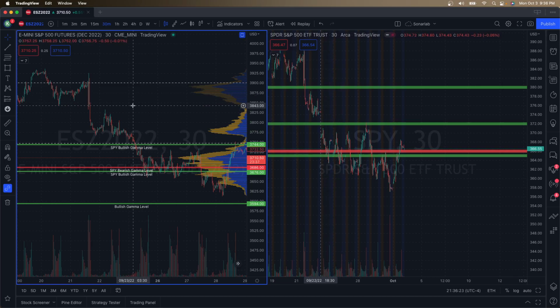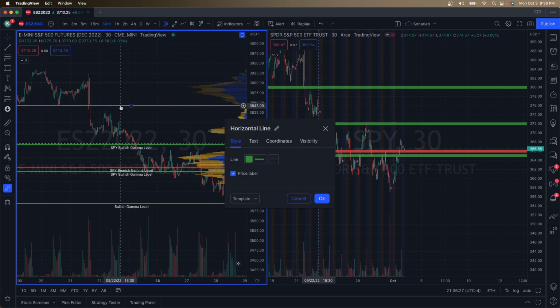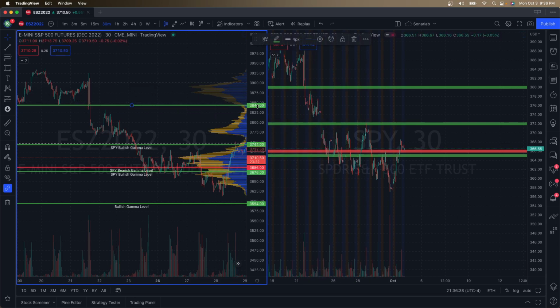And one trick that a lot of people don't realize is that, notice here when I put this is 3844. Well, what this actually corresponds to is 3850 on SPX. However, with futures, if you subtract 6 from it, so the gamma level is technically 3850.